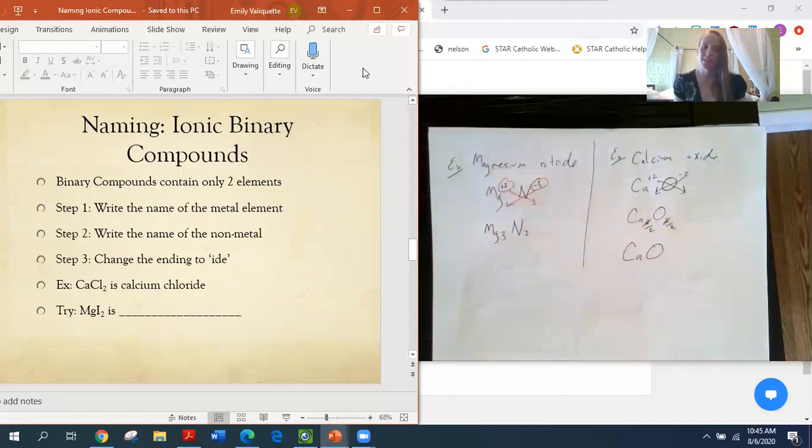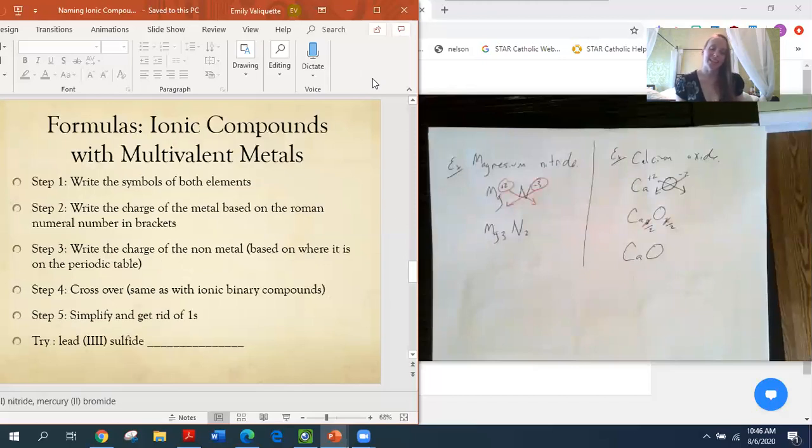So for example, CaCl2 is just calcium chloride. Pause for a second and see if you can figure out what MgI2 would be. That one, we just write magnesium and then iodine, change the ending to -ide, so it would be magnesium iodide.